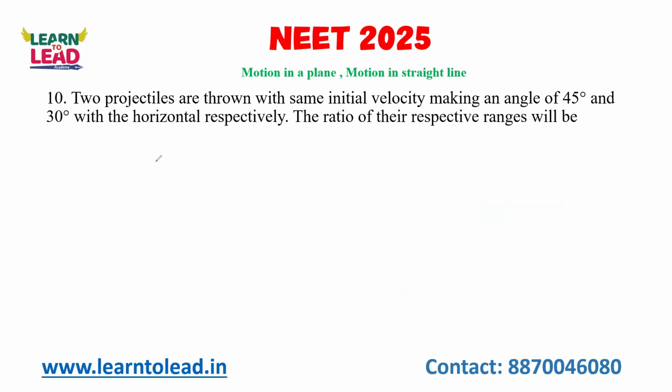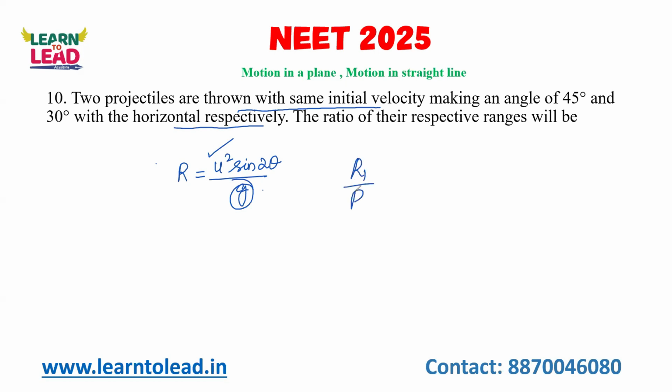Next, two projectiles are thrown with the same initial velocity, making an angle of 45 degrees and 30 degrees with the horizontal respectively. Ratio of their respective ranges. So to find the range, u square sine 2 theta by g. Two projectiles with the same initial velocity, then the u value is the same and acceleration due to gravity is also the same.